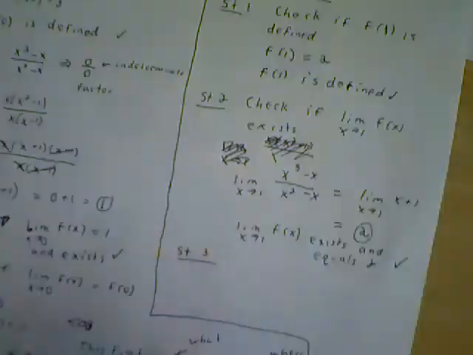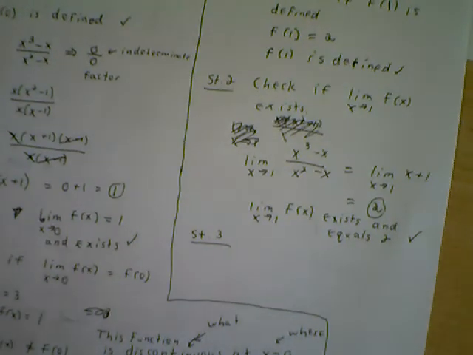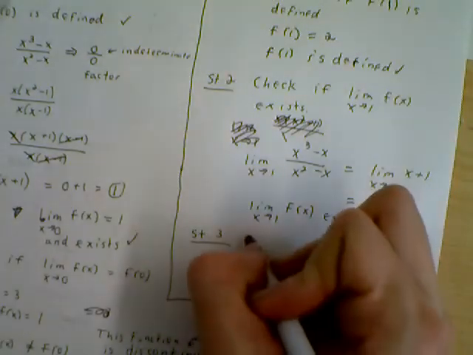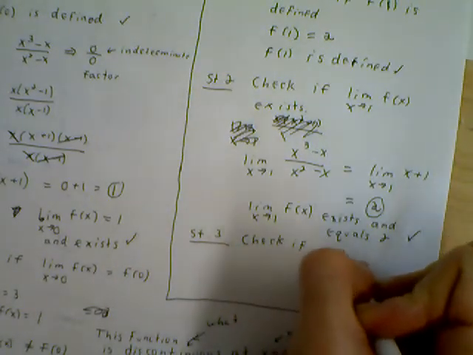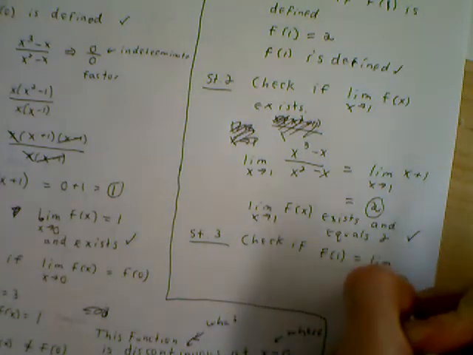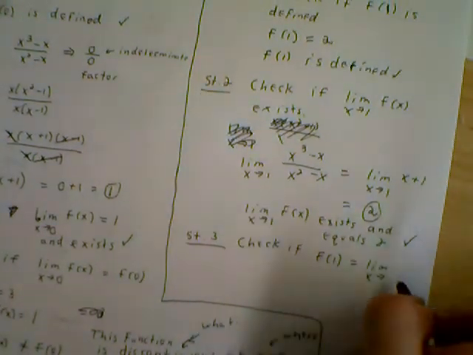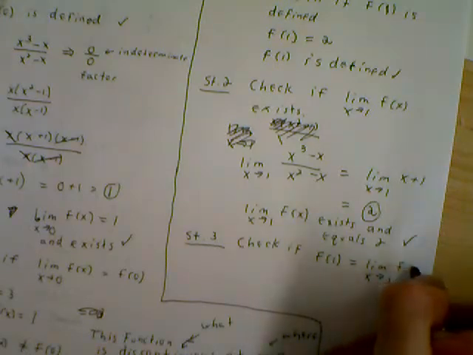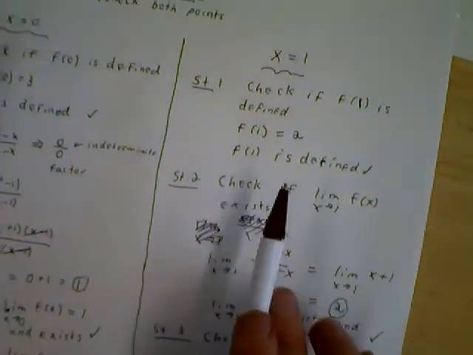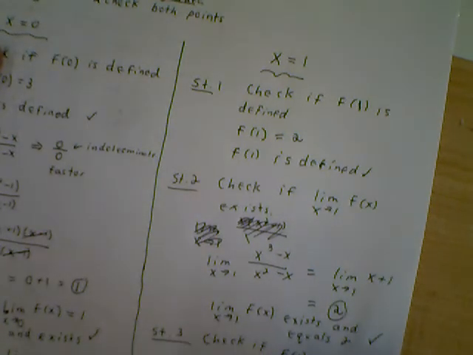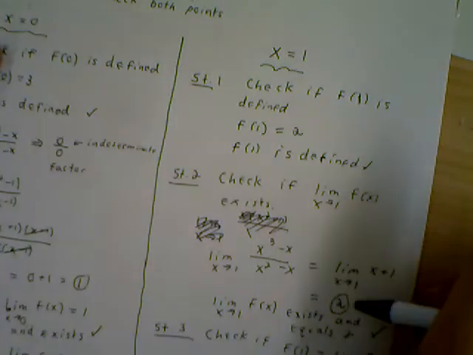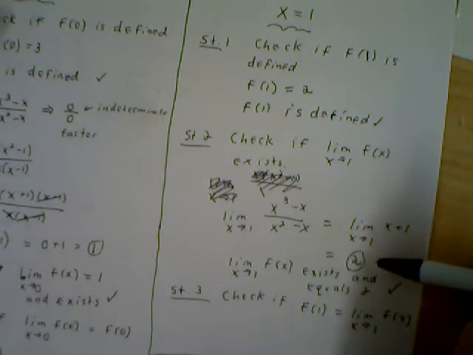all right, what I'm going to do is check if f of 1 equals the limit as x approaches 1 of f of x. Well, yeah, it does, because back in step 1, I found that f of 1 is 2. In step 2, I found that the limit is 2.